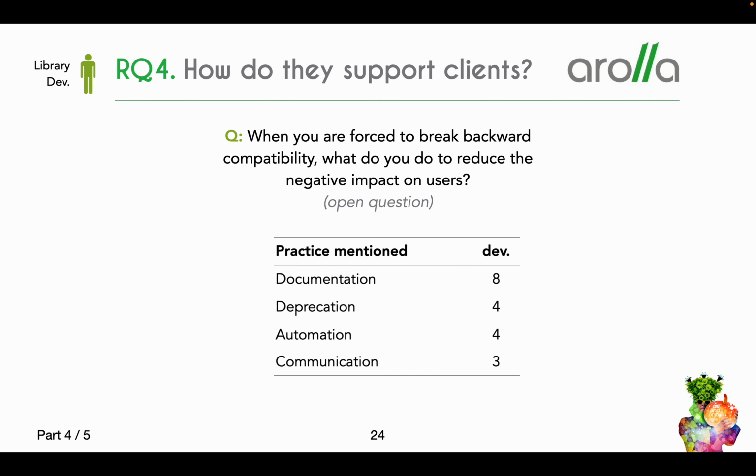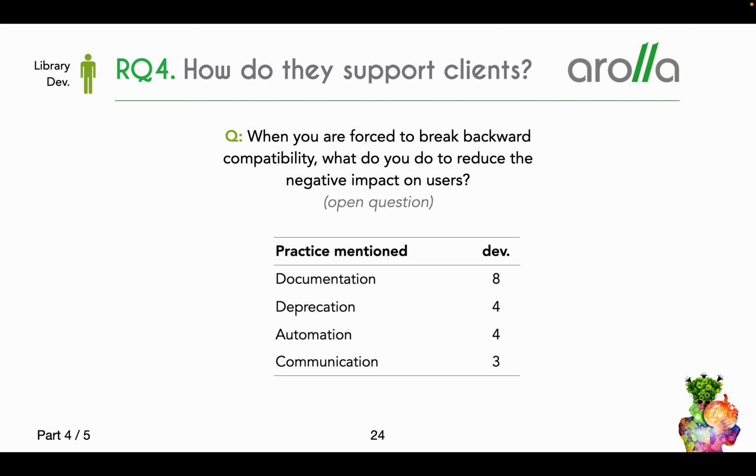We also asked library developers what are the means, how can they support their clients, what are the practices that they use. And this was an open question. So we asked them, when you are forced to break backward compatibility, what do you do to reduce the negative impact on users? And by analyzing the answers to these open questions, we have identified 4 main practices that were mentioned by multiple developers in this survey.